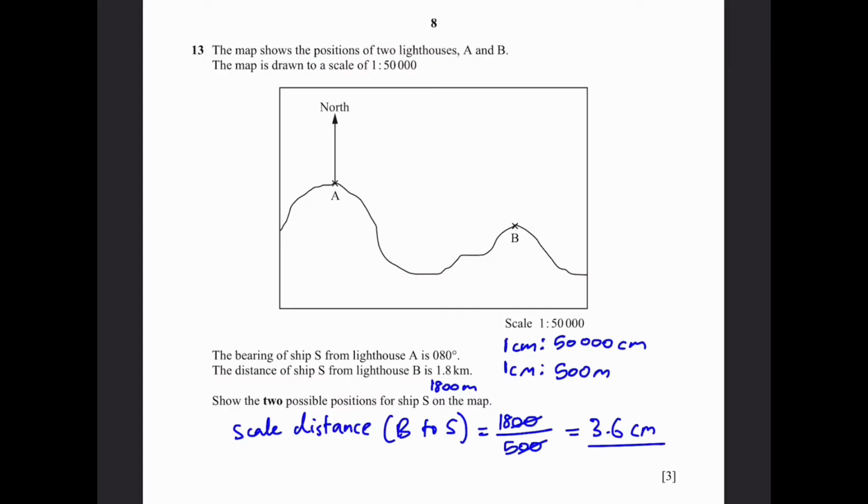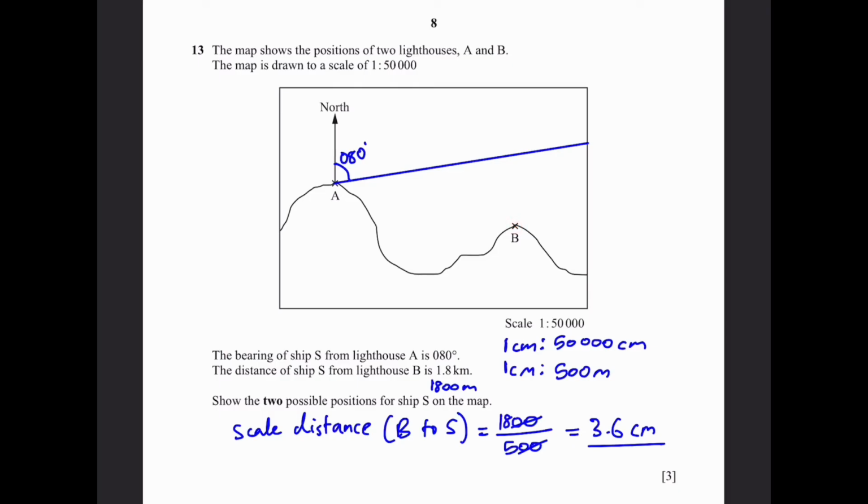Mark the point, and once you do that, draw a straight line like this, where this angle measures 80 degrees. Now for B, we can take the length 3.6 centimeters as the distance of the ship from B.